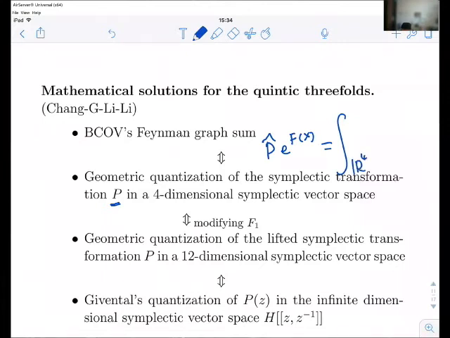So four-dimensional is R4. We just give some suitable inner product to make it symplectic. And the integration will be something like this, plus this step, dx dp.